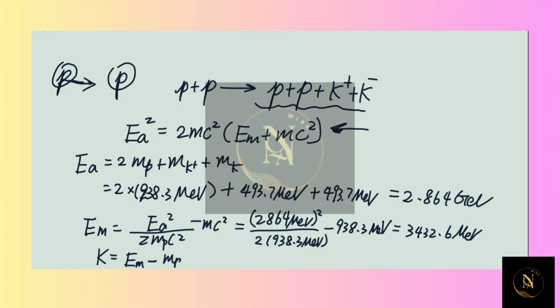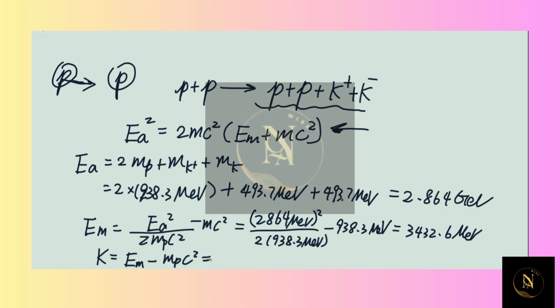But this total energy of the proton, remember, also includes the rest energy. So we have to subtract the rest mass energy so that we only have the kinetic energy left. So the kinetic energy is the total energy of the proton minus the rest mass energy, which is again m p c squared.